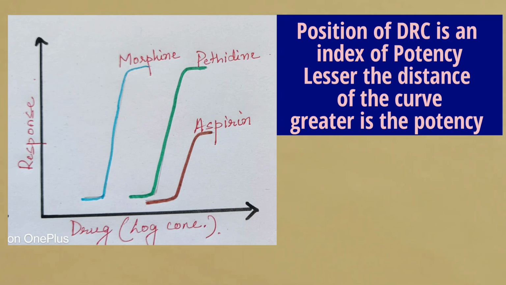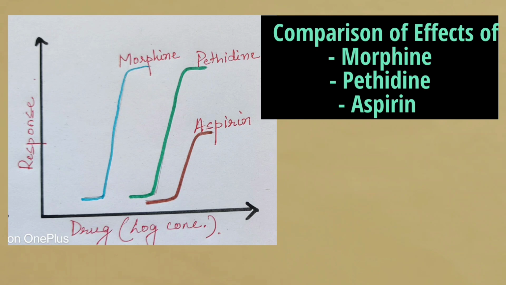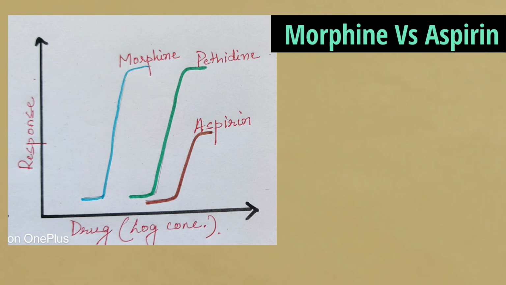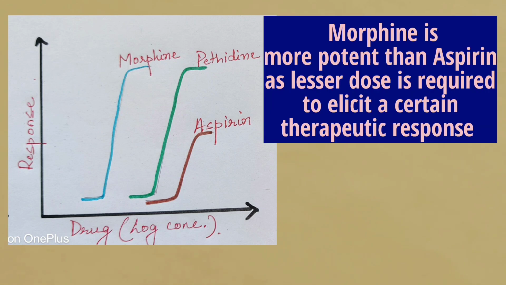The given graph shows the effects of morphine, pethidine and aspirin. When comparing morphine and aspirin, morphine is more potent than aspirin. This is because lesser dose of morphine produces a given therapeutic effect compared to aspirin, where a greater dose is required to produce the same therapeutic effect.